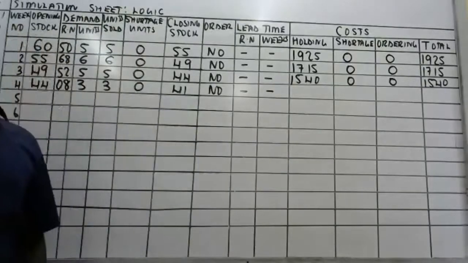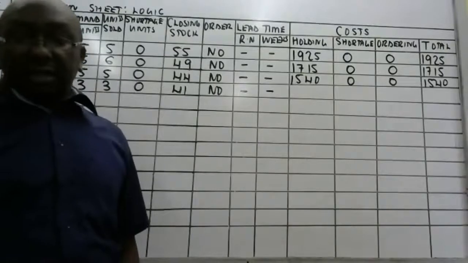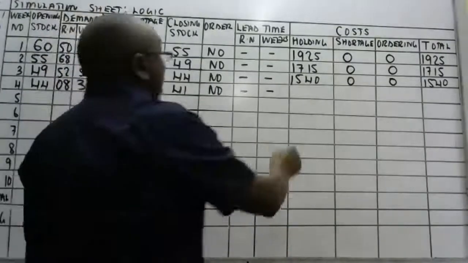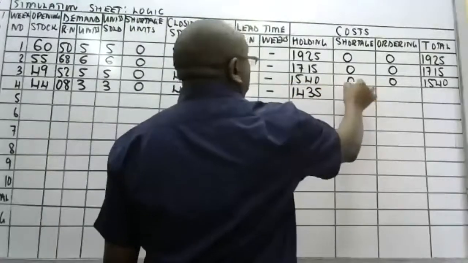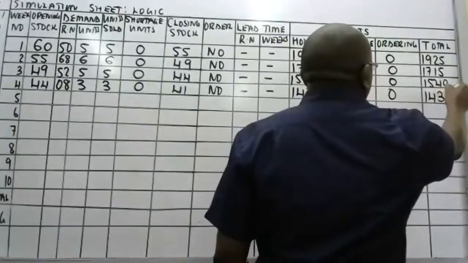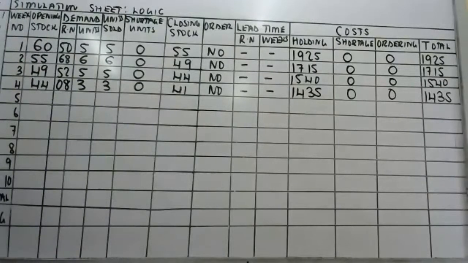So give me the holding cost now, 41 times 35. Good, good. I have now 1435. So no shortage, no ordering, 1435. You have 1435. Okay, the next one, week 5, we are opening with 41.